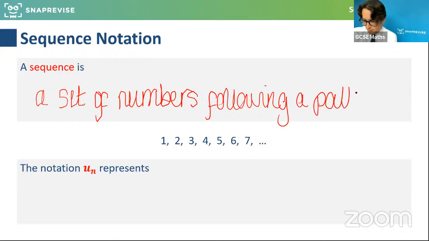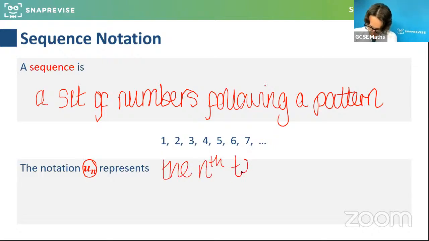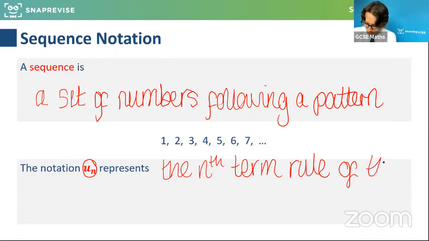Apologies a little bit about the handwriting there, guys. So 1, 2, 3, 4, 5, 6, 7, quite straightforward. The notation U_n, U subscript n, represents what we call the nth term rule of the sequence. Let me know if you've seen this before.